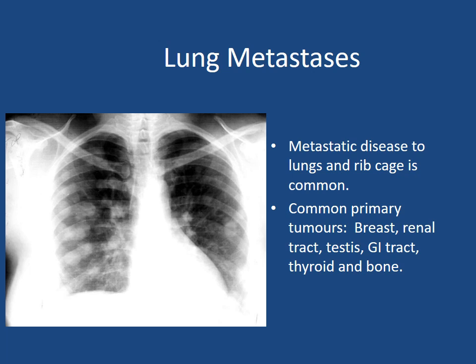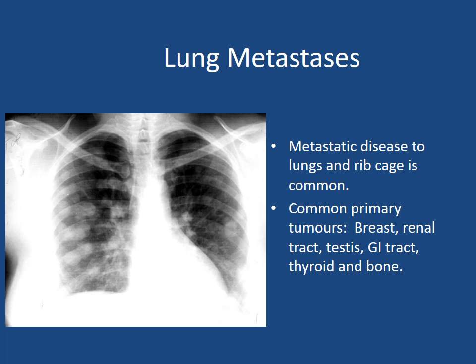Where that happens, they get called lung metastases or secondary tumour deposits. Tumours that can commonly spread to the lungs are tumours of breast, kidney, the testes, the gastrointestinal tract, also the thyroid, and also tumours of bone. So these primary tumours can commonly spread to lungs, often through a blood route.